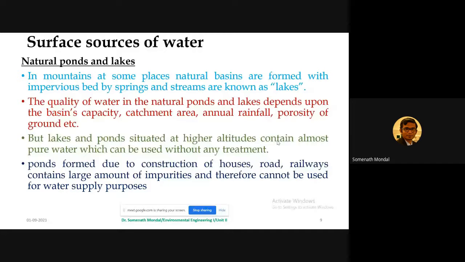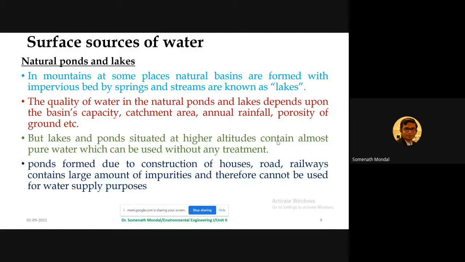That is also important, since some amount of chemicals would ooze out and get mixed with the water in due course of time. But lakes and ponds situated at higher altitudes contain almost pure water, and it has been observed in practice that it can be used without any treatment.